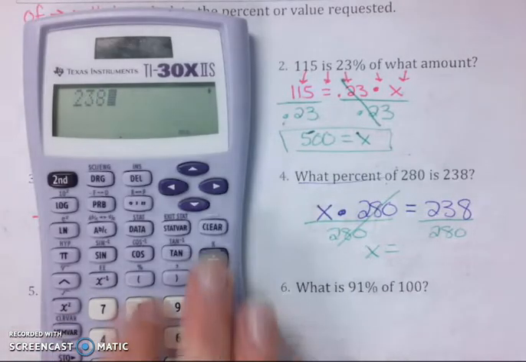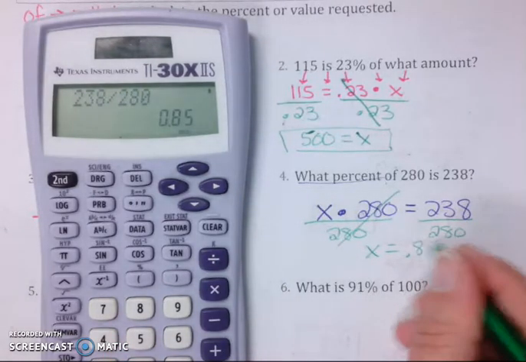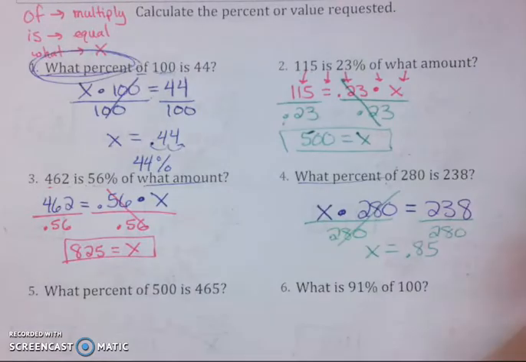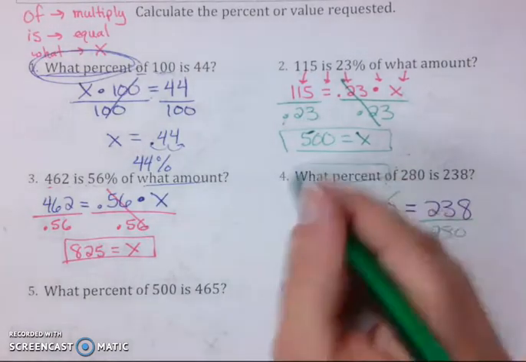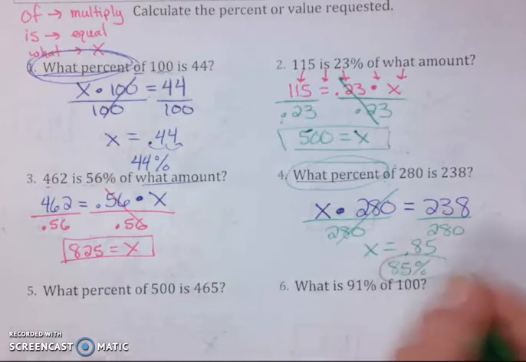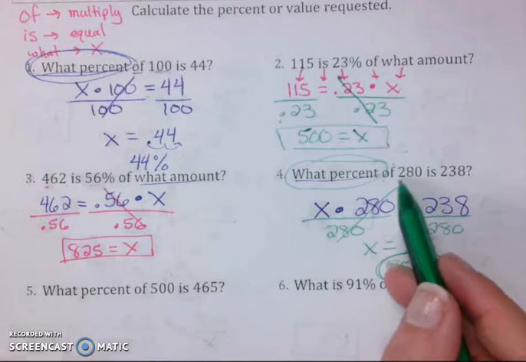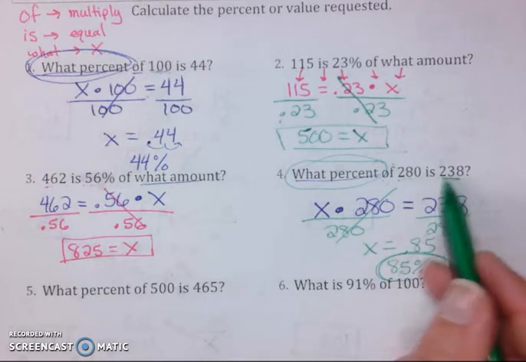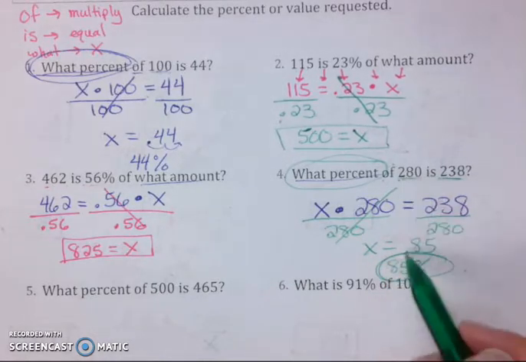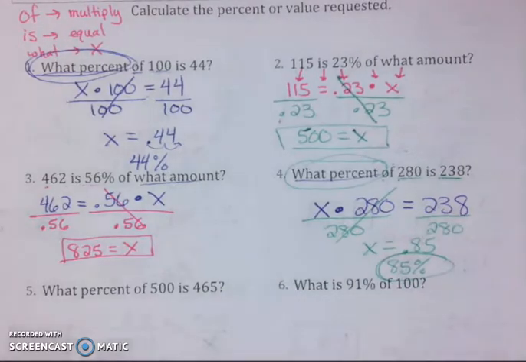So 238 divided by 280, 0.85. Now remember, that's a small number. What percent? Move the decimal over twice. 85%. Don't forget to think about that. Look, what percent of 280 is 238? That's really close. It should be a big percent. 0.85 is tiny. A big percent. 85% makes much more sense.